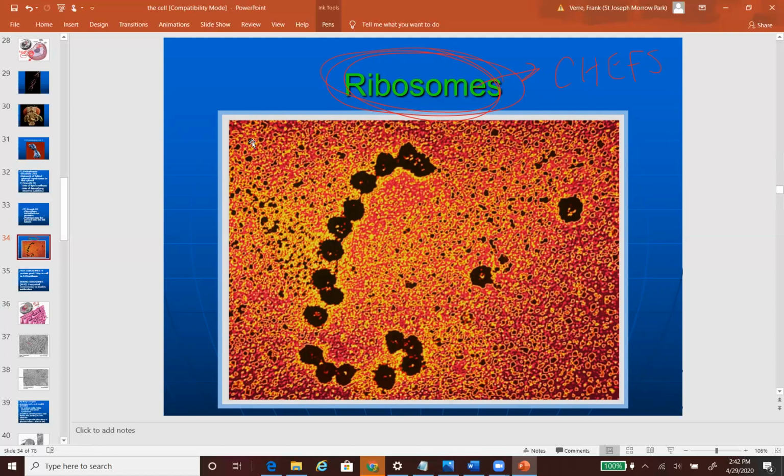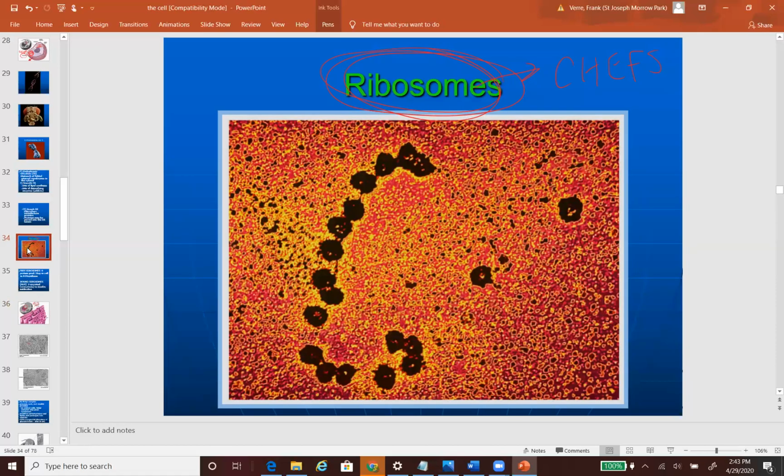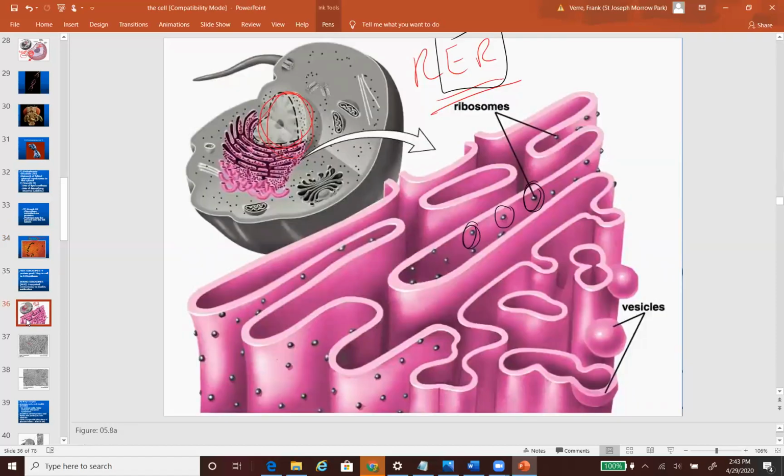Their job is to take the instructions that come from the nucleus and convert it into some sort of a protein. Okay. The big difference between the two is what happens if a free ribosome reads the recipe compared to a bound ribosome. They both do the same thing.